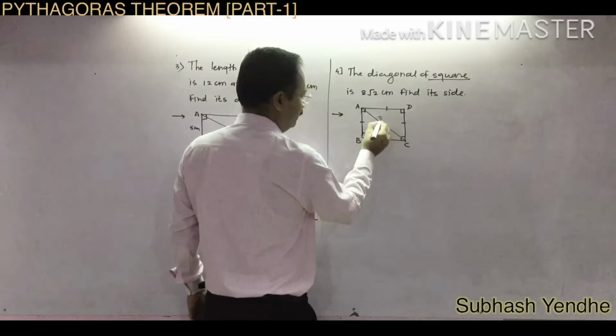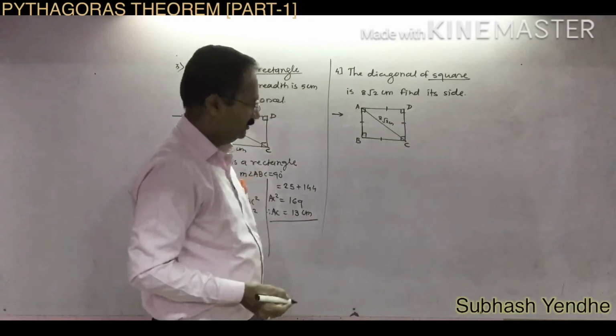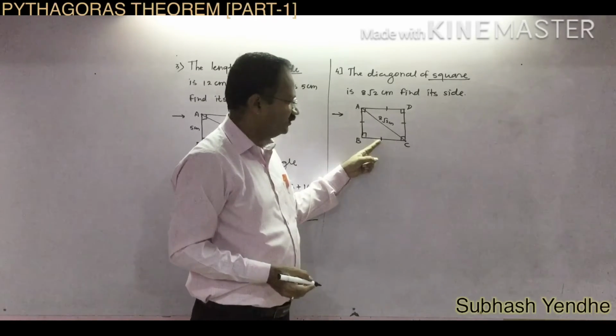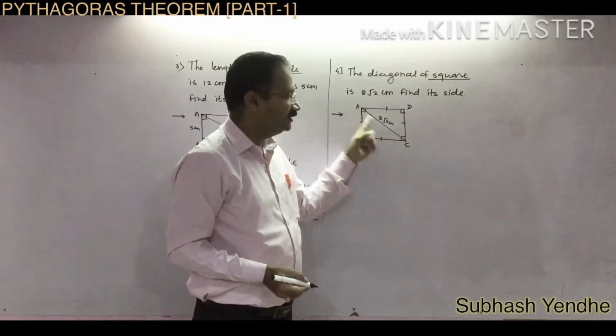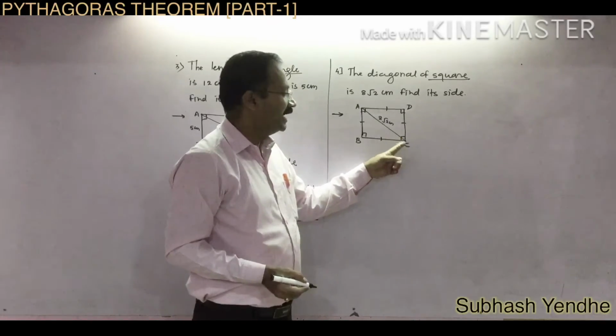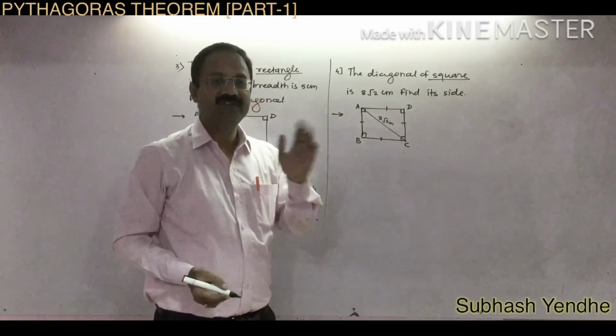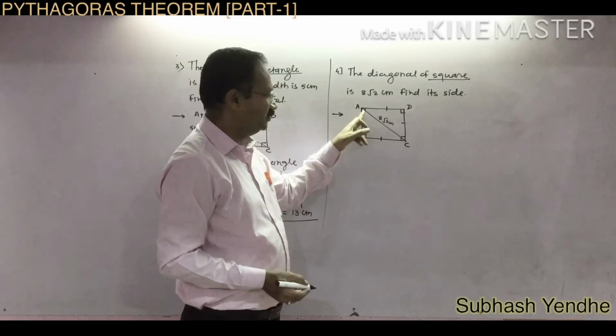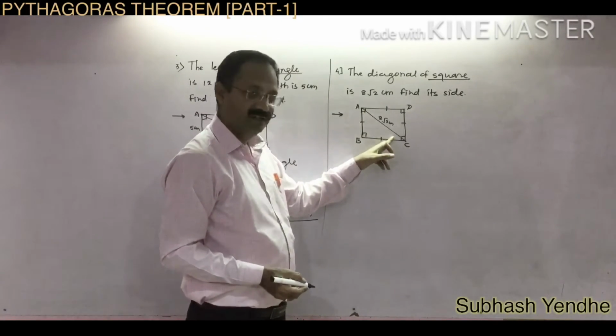Now the diagonal is given as 8 root 2 centimeter and you have to find out the side. See, after this, you will find that these two sides are congruent and we know that the diagonal of a square divides the opposite angle. It means this 90 will be divided into two parts. This is 45, this is 45.